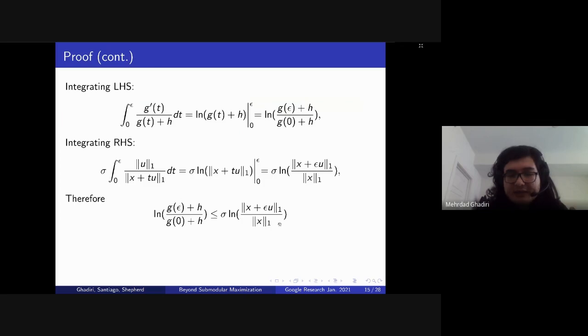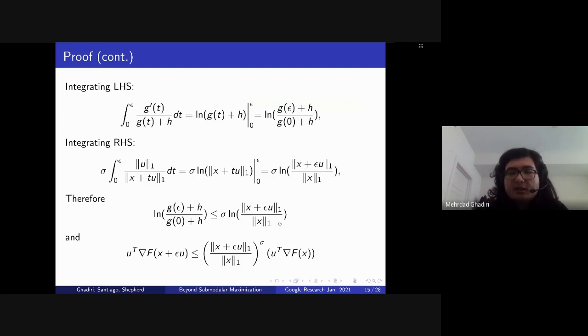So we have this, and then we take e to the power of each side, because the exponential function is monotone, and we get this. And then because g of epsilon is u transpose gradient of f at x plus epsilon u, and g of 0 is u transpose the gradient of f at x, we get this for any h greater than 0.